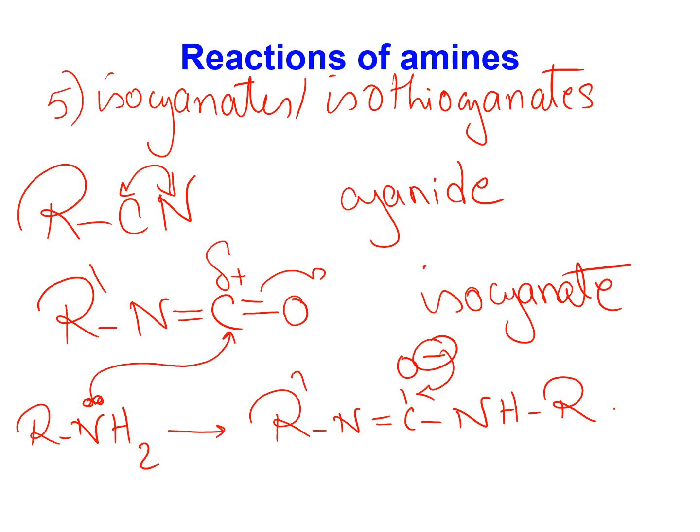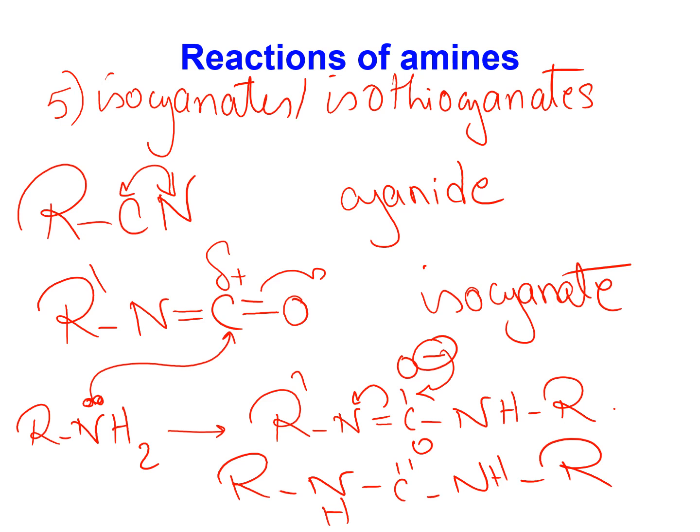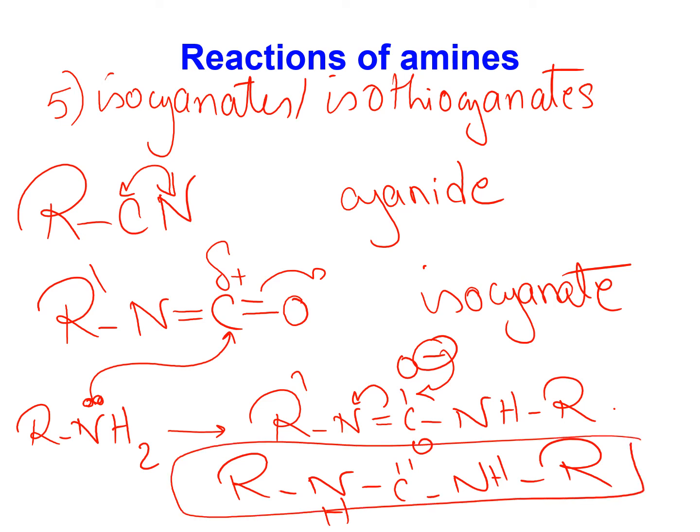This bond reforms, breaking the bond between the carbon and the nitrogen, giving the substituted urea compounds. These are the product of the reaction of the primary amines with the isocyanates.